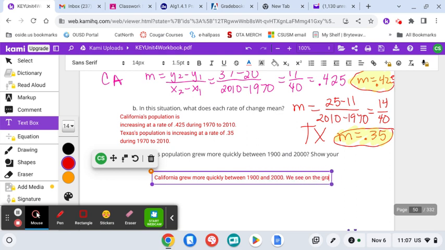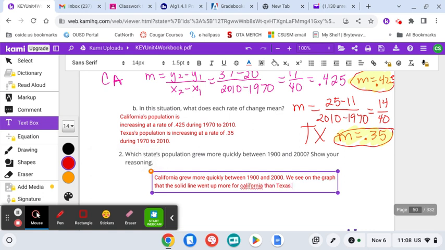We see on the graph that the line went up more, the solid line. Now, could we do an exact calculation and get an exact change, like how much it went up?